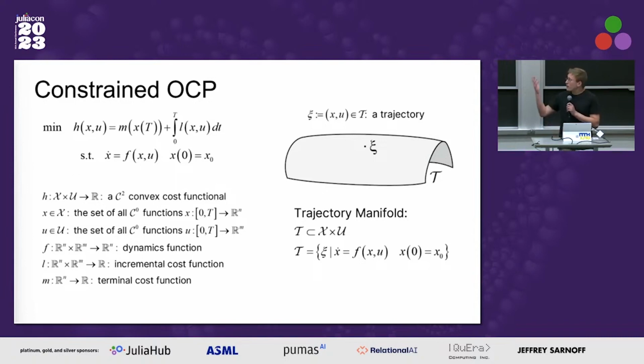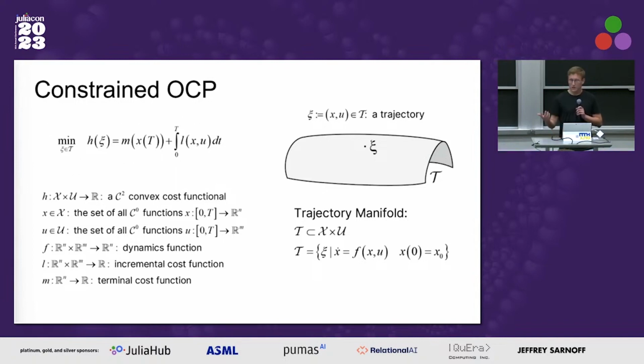We can rewrite this same problem with a slightly different notation, grouping these x and u's into a trajectory like so. Now, the standard approach would be to discretize this problem and transcribe it as a nonlinear program, but doing so makes a fundamental trade-off between the accuracy of the solution and the computational cost required to reach it, because we are approximating this trajectory manifold.